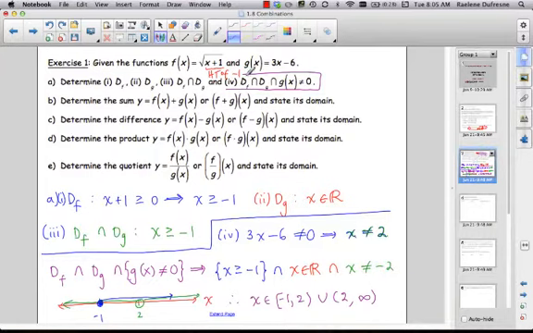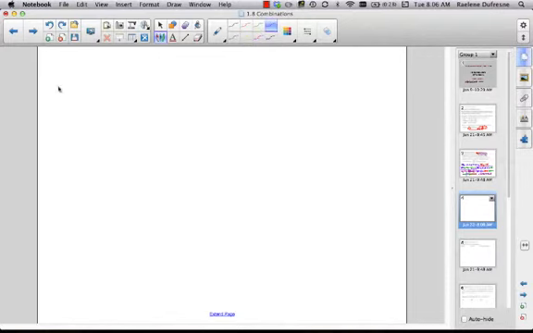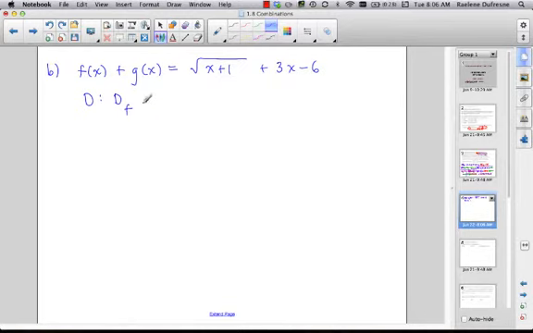All right, going on to take a look at the sum of f of x plus g of x, we can determine the sum and then state the domain. So we take a look at part B. F of x plus g of x is equal to the square root of x plus 1 plus 3x minus 6, and its domain is going to be the intersection of the domain of f with the domain of g, which we saw already is x greater than or equal to -1.